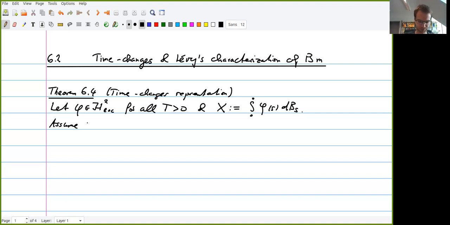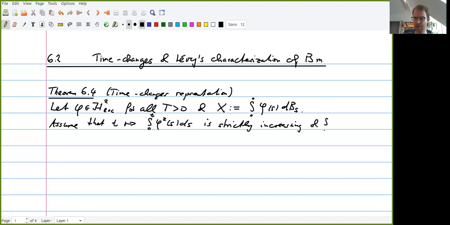So we assume that the mapping t to the quadratic variation of this martingale, which for this Ito process is the integral of phi to the power 2 ds, is strictly increasing, and it goes to infinity as t goes to infinity. Okay, so this is our assumption.